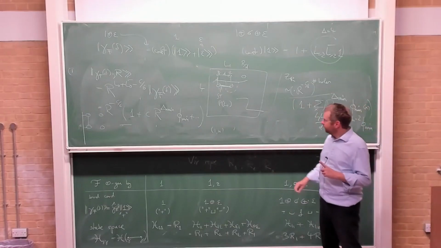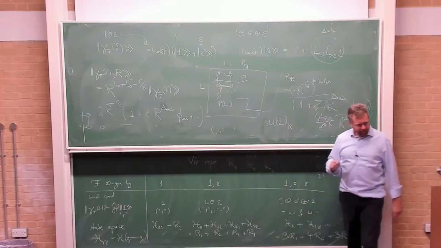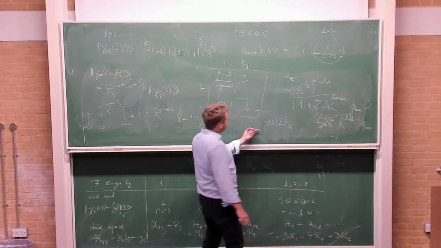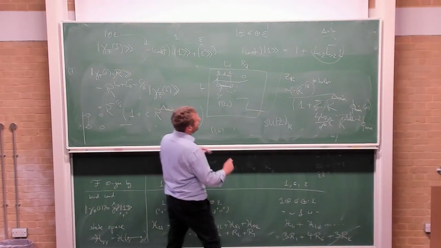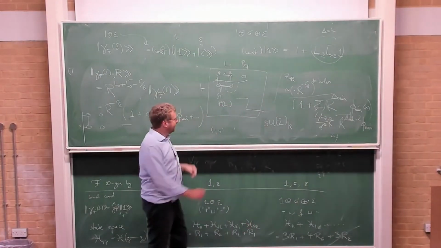But I wanted to point at one other thing. There was one comment about the SU2 level K WZW model. Can we find an F in this model which satisfies the stability condition?